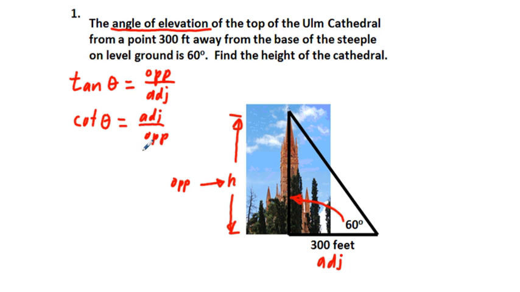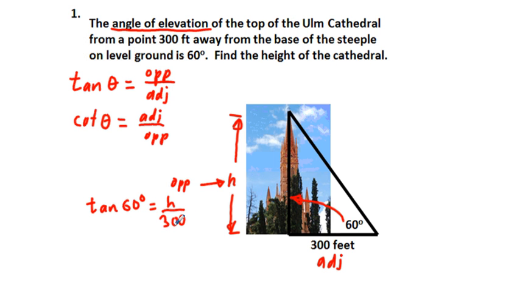In this case, what you look for is the version that gives you your unknown in the numerator, and I think it's going to be tangent. So the tangent of our angle of elevation, which is 60 degrees, is equal to our opposite side, our unknown h, over our adjacent, which is 300 feet.